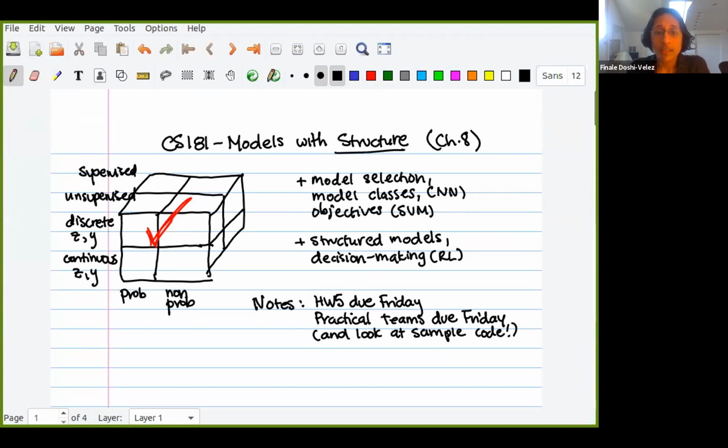In terms of just a couple of notes in terms of logistics, homework 5 is due this Friday. There's been a bunch of clarifications, especially around the PCA question. One thing I just want to emphasize there: PCA, as we derived, is based off of L2 error.